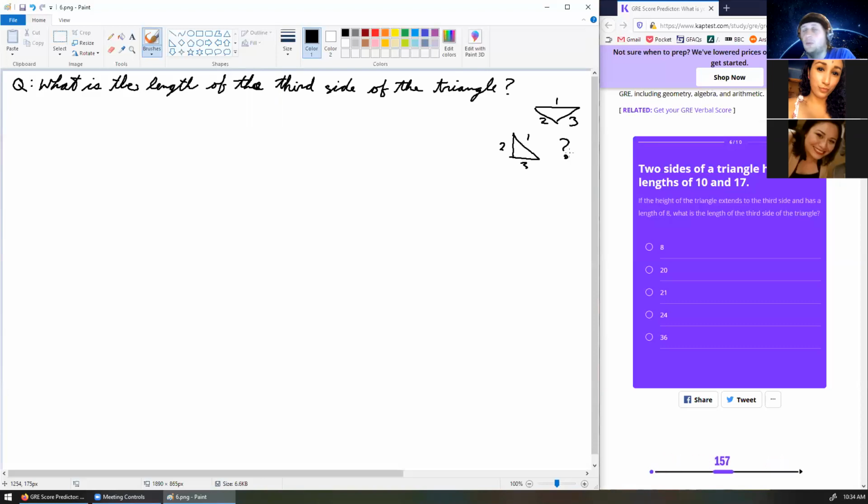So figuring out what this triangle looks like and figuring out which sides we know, that's what we have to figure out before we can tell the length of the third side. Because we have various relationships we can use to determine the sides of triangles, but we need to know a little bit more about what this one looks like. Does anyone have an idea what this triangle probably looks like?